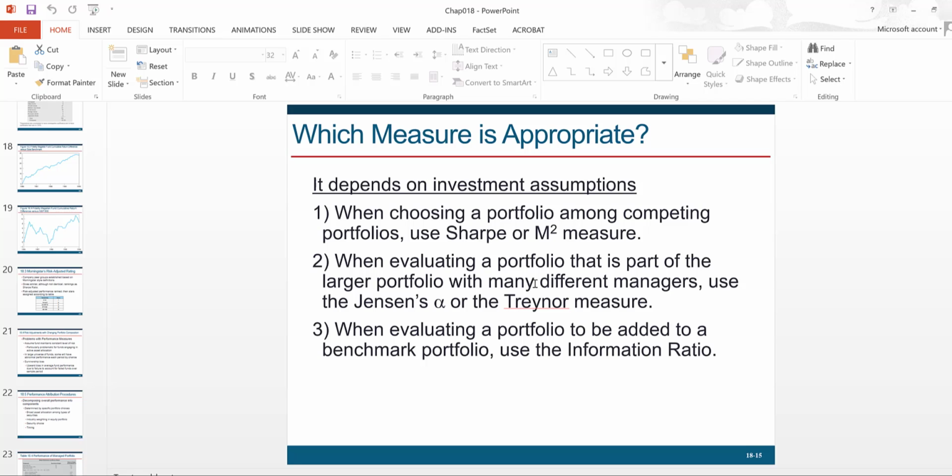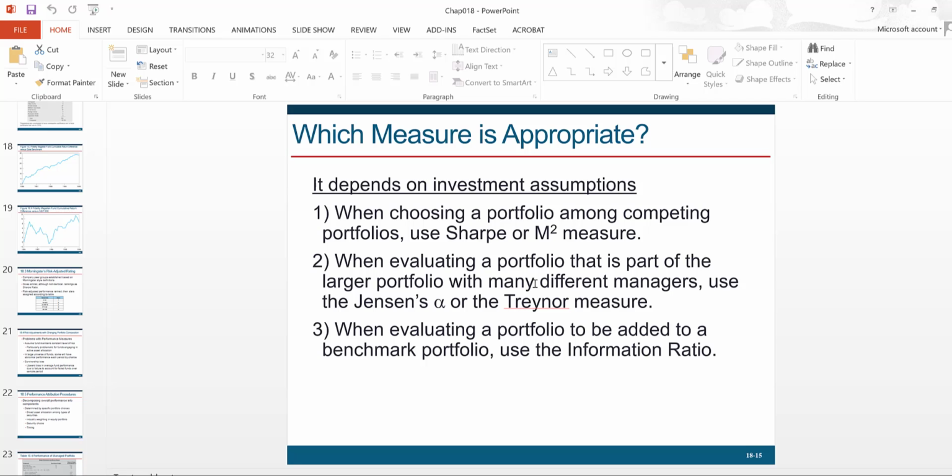So in that case, what is more important is how much of the risk of the overall portfolio is due to a particular fund manager or a particular portfolio. What is the contribution of those individual portfolios to the overall risk of the portfolio? And that individual portfolio by itself might be very volatile. It might have a big sigma, but that does not matter because it is part of that bigger portfolio.